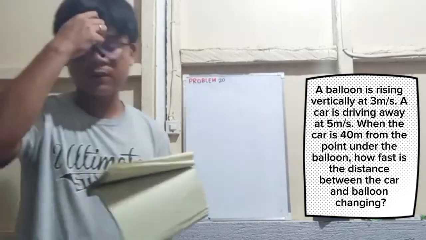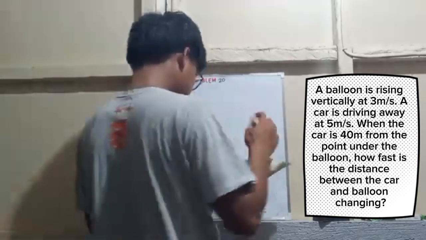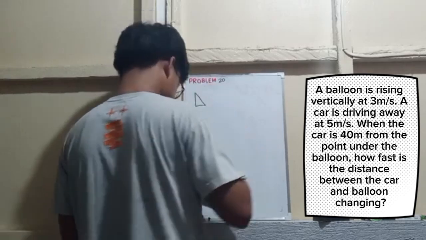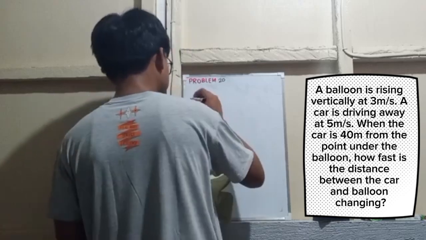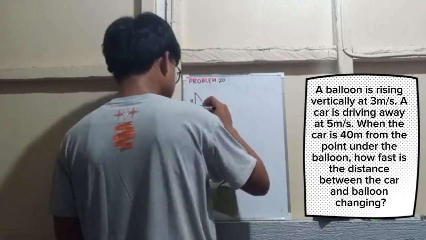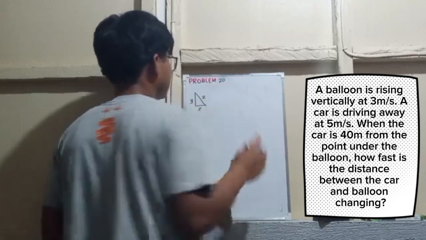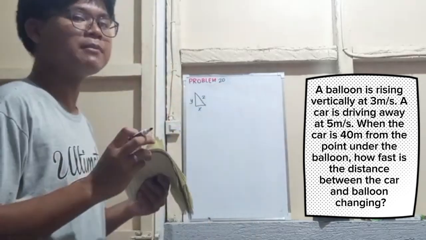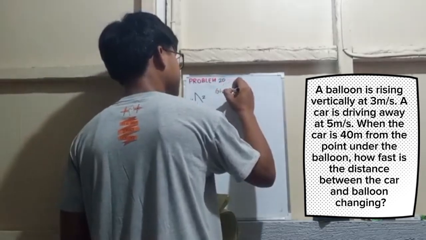So first, we'll draw a right triangle based on the problem. So we'll have the y as the balloon and the x as the car, and the hypotenuse is equal to z.